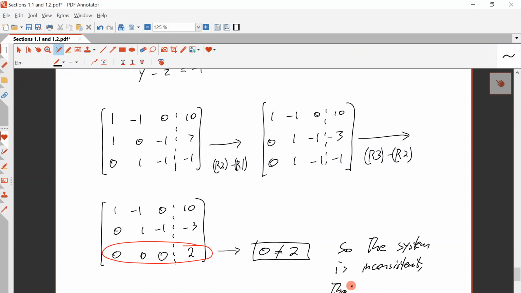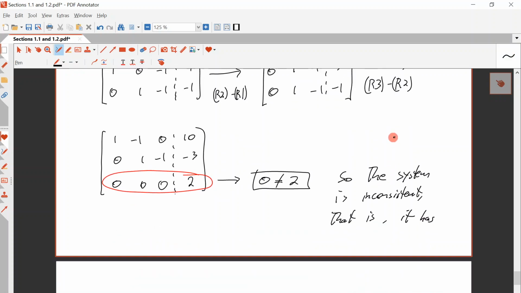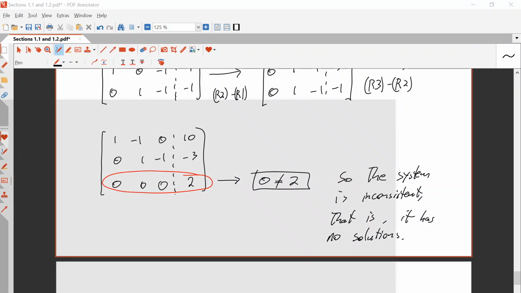That is, no solutions. Okay, so in doing these row operations and reducing to this diagonal or triangular form, you end up with some sort of contradiction, some sort of contradictory information. 0 is equal to 2 or something of the like. So this system of equations has no solutions.